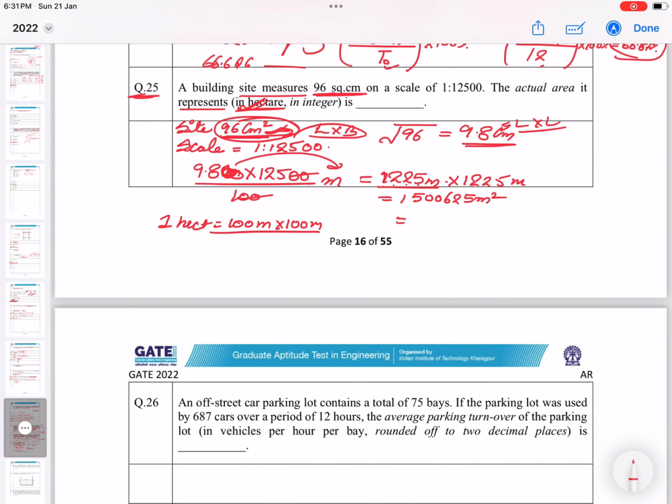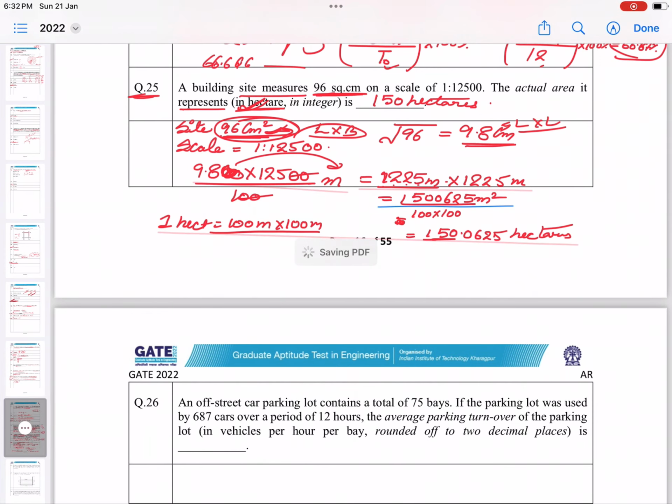So we will divide it by 100 into 100, and there we'll get the answer of 150.0625 hectares, right? This is the answer. And now they are saying in integers, so only 150 hectare is the answer.